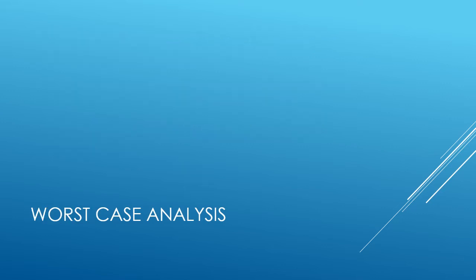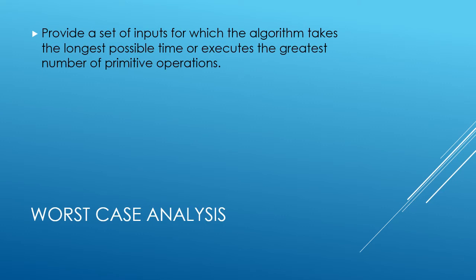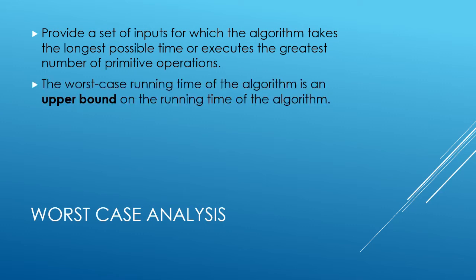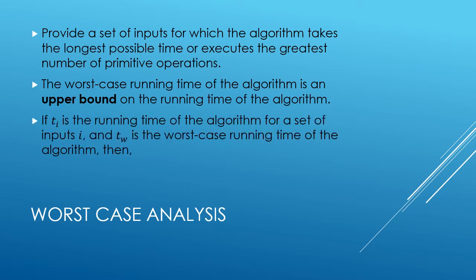Worst case analysis. Provide a set of inputs for which the algorithm takes the longest possible time or executes the greatest number of primitive operations. The worst case running time of the algorithm is an upper bound on the running time of the algorithm.